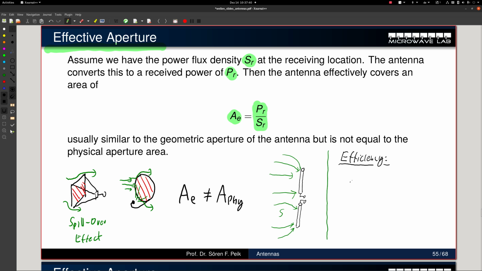The efficiency is called eta F or eta antenna or whatever. I call it eta efficient. It just relates my effective area or effective aperture to the physical area. That's all. That's why it's a simple slide that's missing, and you can just put it here.